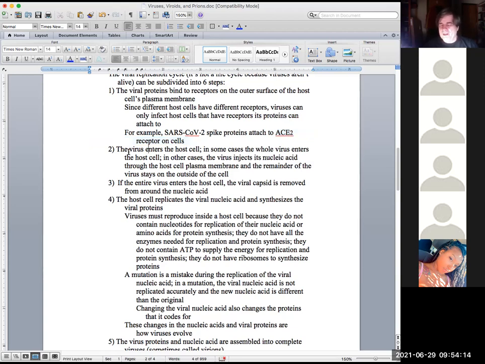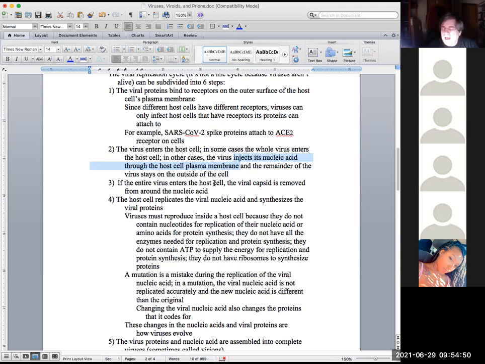Now, once it attaches, the virus enters the host cell. Depending on the type of virus and the type of cell, sometimes the whole virus enters the host cell. Sometimes the virus just pushes its nucleic acid through the plasma membrane, and the protein capsid, the membrane, if there is one, or envelope, stays on the outside.